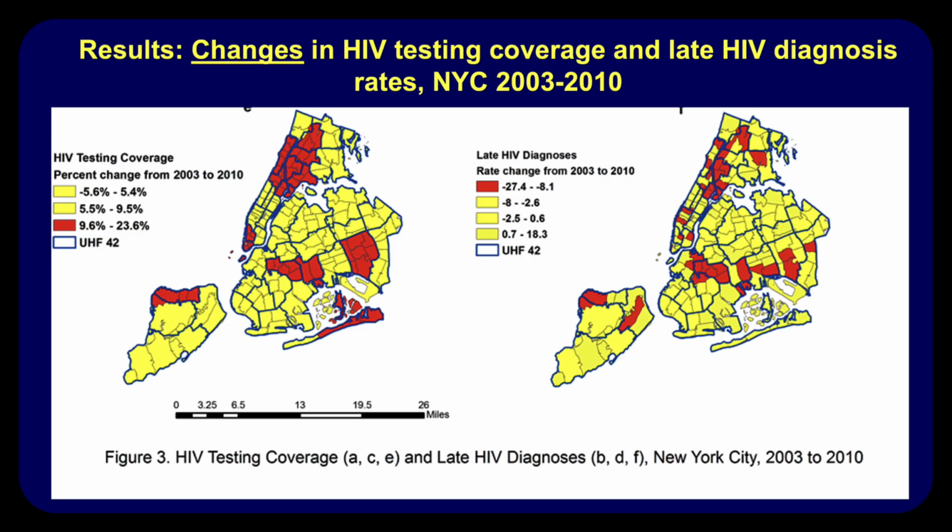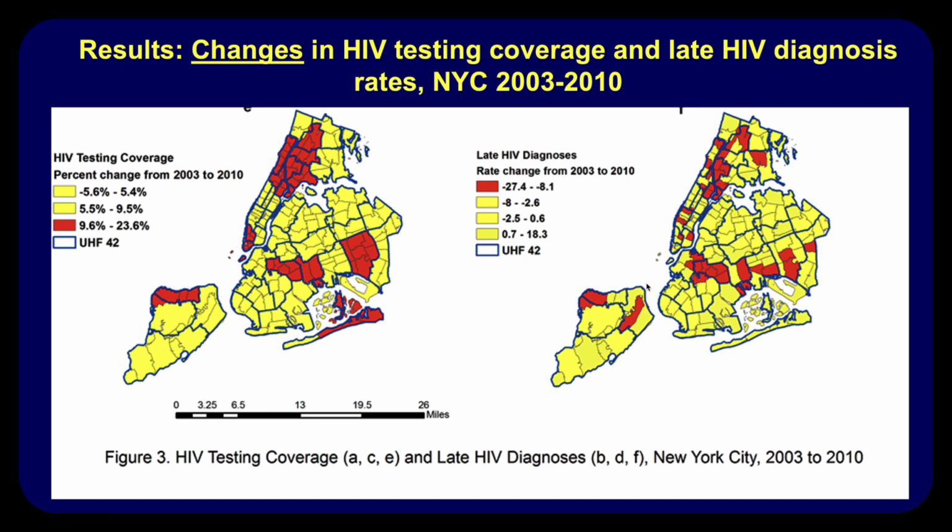So this is a visualization, a set of maps showing not just what the HIV testing coverage was in New York City, but how it changed over time. We have changes in HIV testing coverage on the left and changes in the late HIV diagnosis rate on the right. The red areas show those neighborhoods where HIV testing coverage increased the most, from an increase of between 9.6% and 23.6% between these time periods.